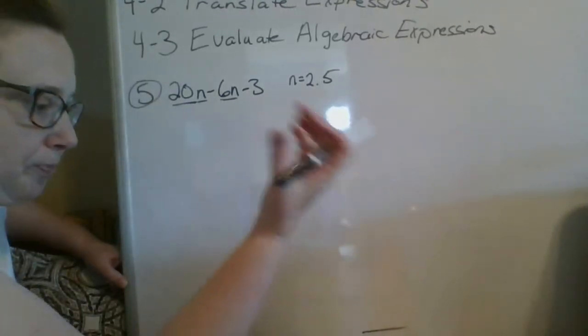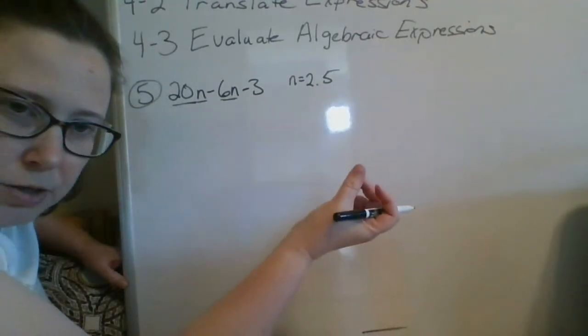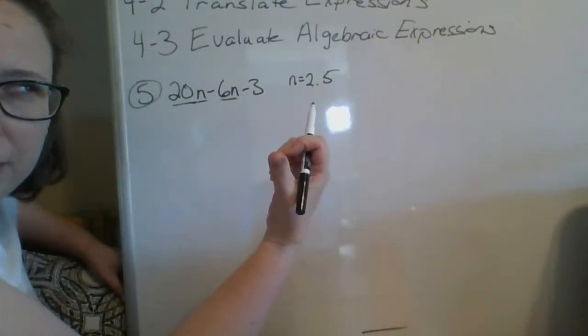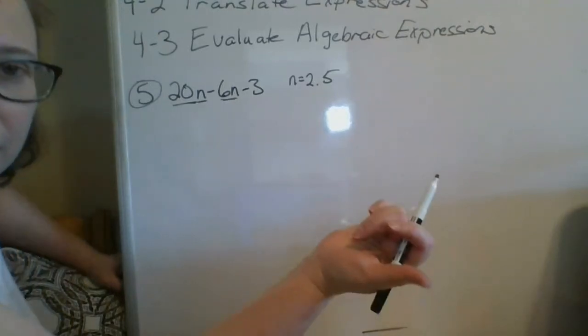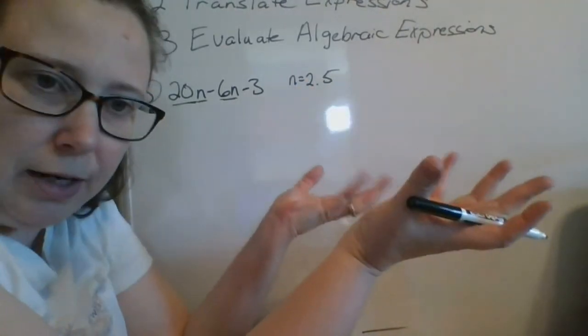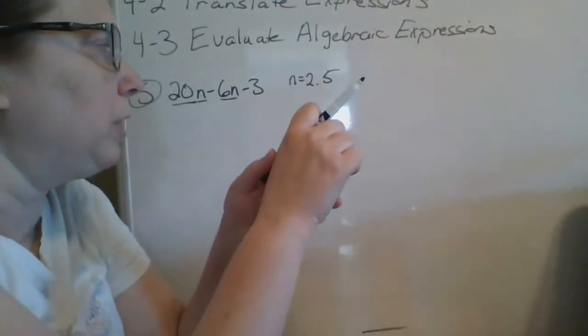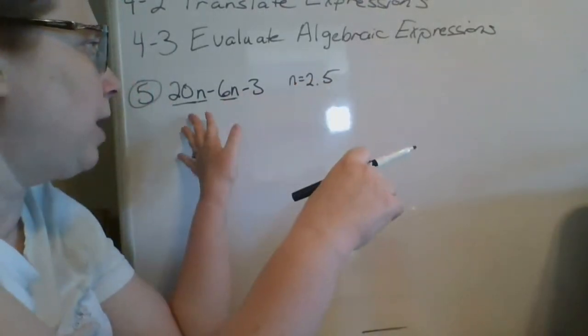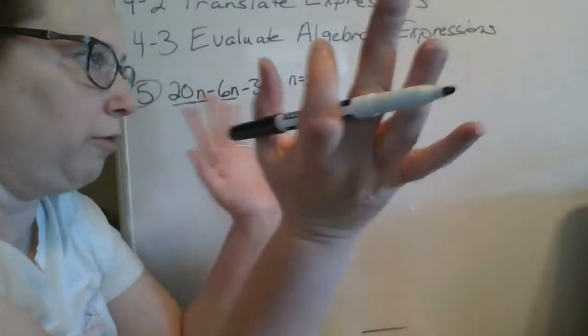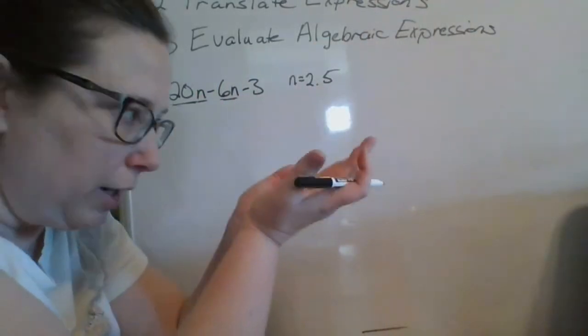So I always like to suggest you think about those magnetic letters that you played with in kindergarten and 1st grade. So you had those magnetic refrigerator letters that you could rearrange and make words out of. If you think about having 20 n's, so you took everybody in the class's n's and you had 20 of them in your hands.